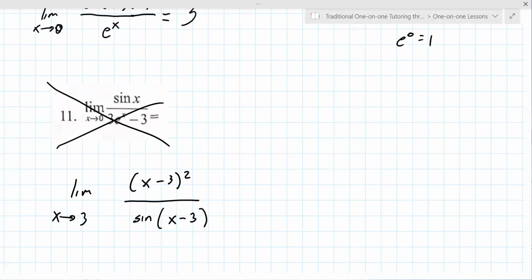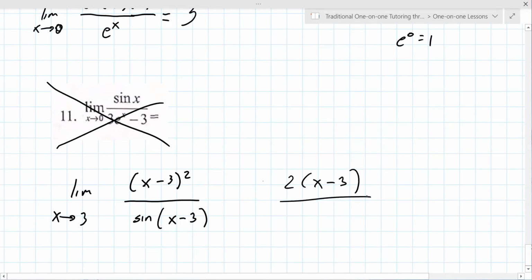Over cosine. The top just becomes 2x, right? With the derivative, it's 2 times (x minus 3). And then the cosine of (x minus 3), because you keep the inside. If you did a chain rule, it'd be like 1. Yes, that's correct.